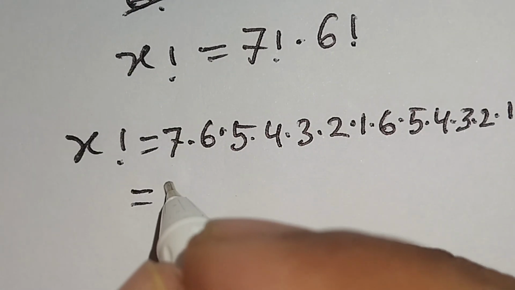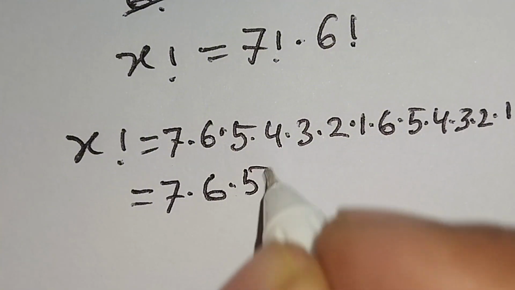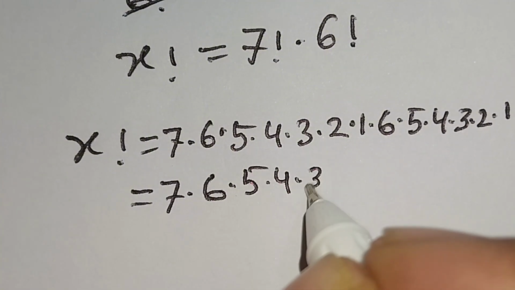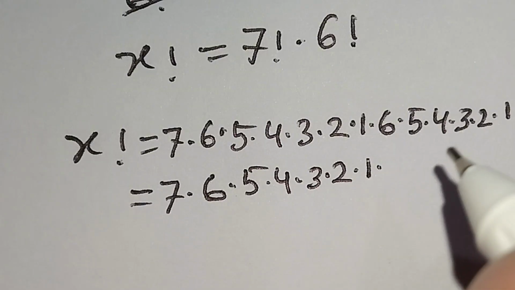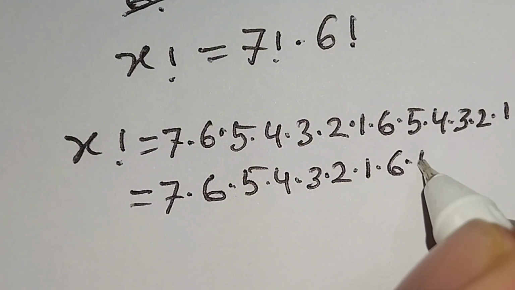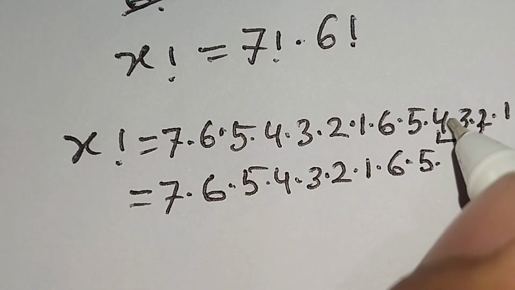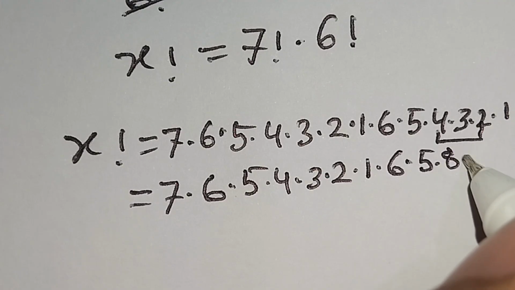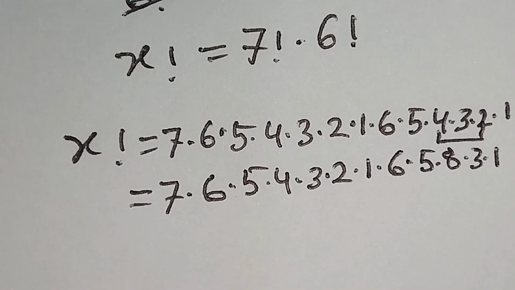Here 7 times 6 times 5 times 4 times 3 times 2 times 1 times this 6 times this 5 times this 4 times this 2 is equal to 8 times this 3 times this 1.